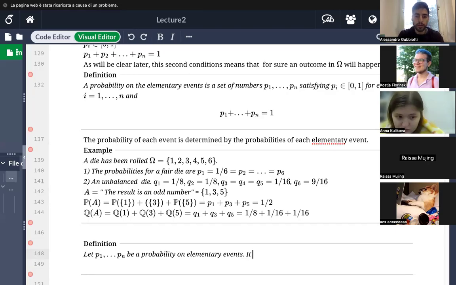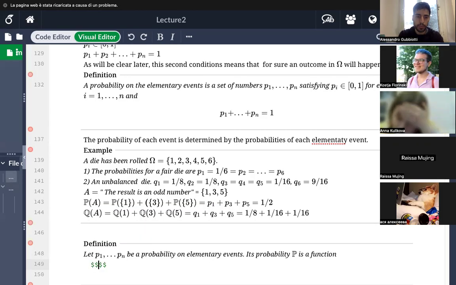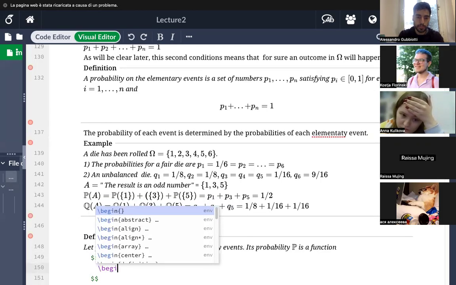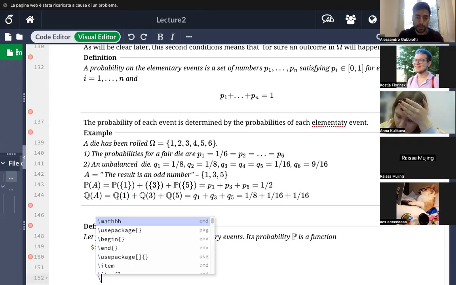Its associated probability P is a function that goes from the events to 0 and 1 as before.